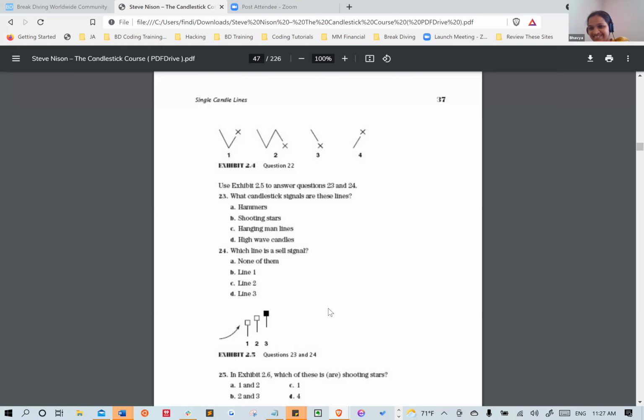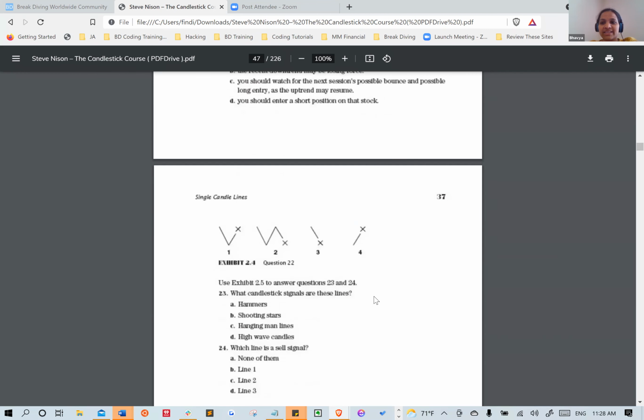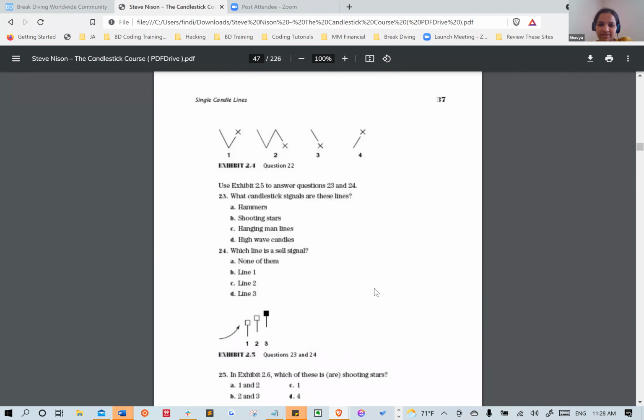So we need to wait for the next body to be below the close. Do we need the whole body to be below? The close should be below the hanging man's close. The next close should be lower.